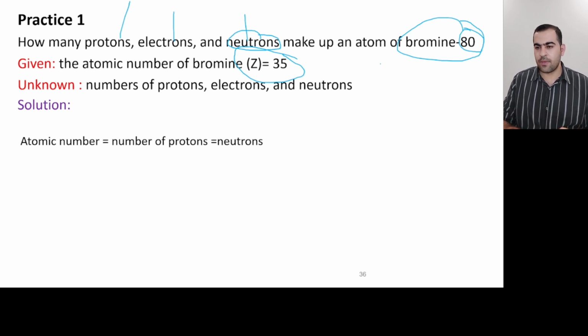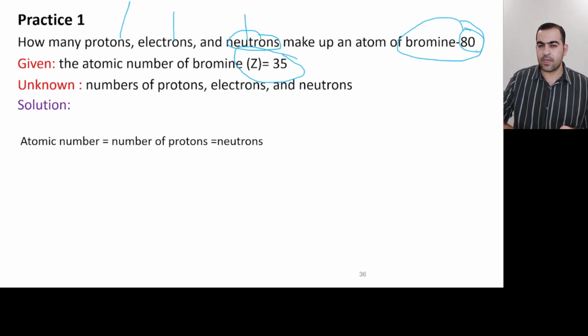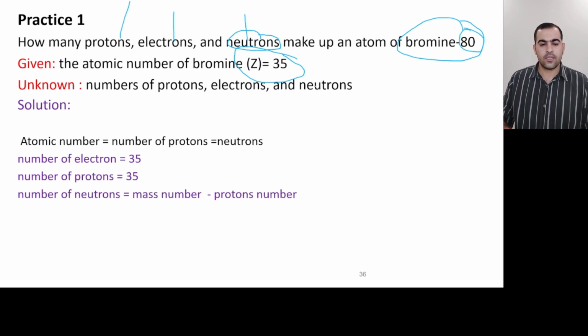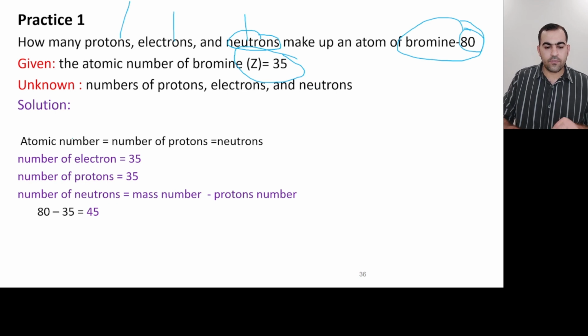We learn from hyphen notation that it is the name, hyphen, then the mass number, so 80 is the mass number. 80 minus 35 equals 45. This is the number of neutrons, mass number minus protons number.